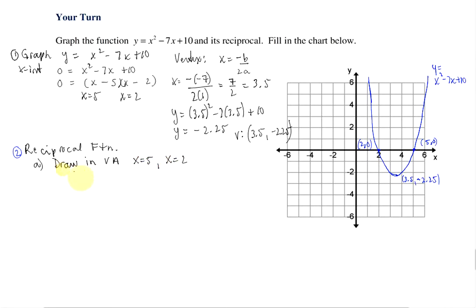And we will also draw in our horizontal asymptote, which will be at y equals 0. Okay, so we have a vertical asymptote where x equals 2, and remember to label them. You should always label vertical and horizontal asymptotes on your graph.